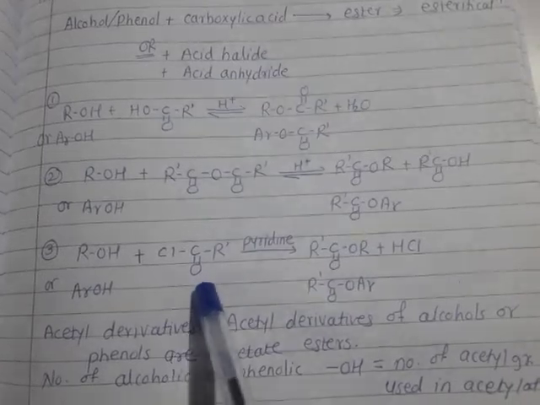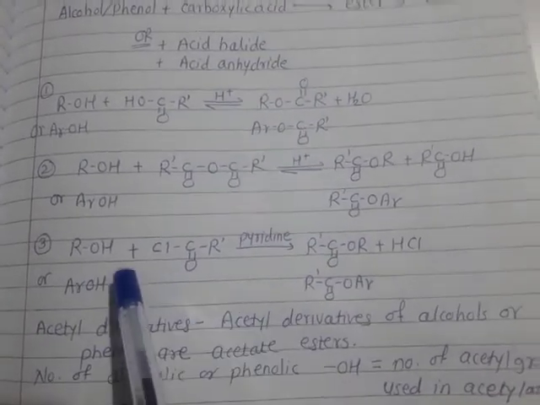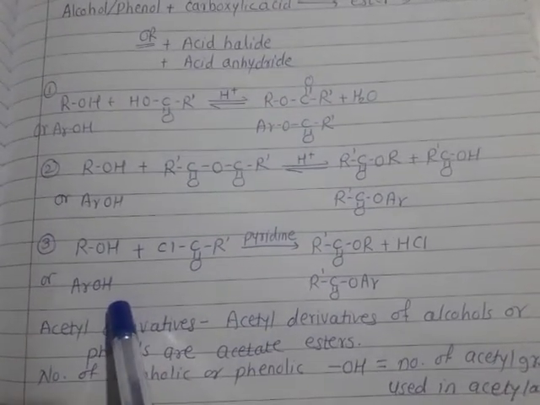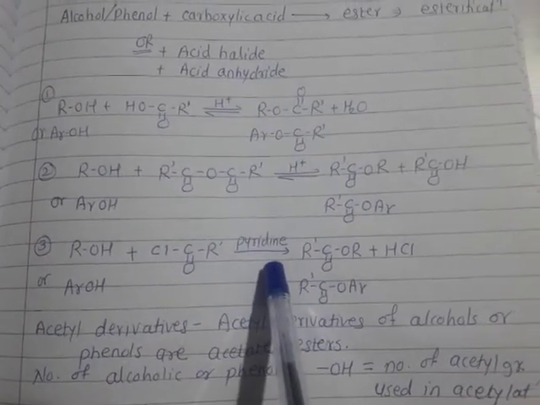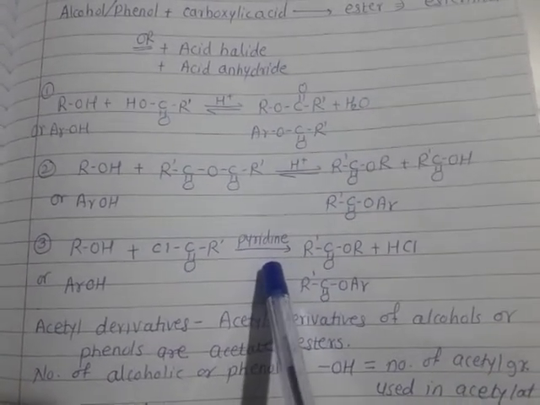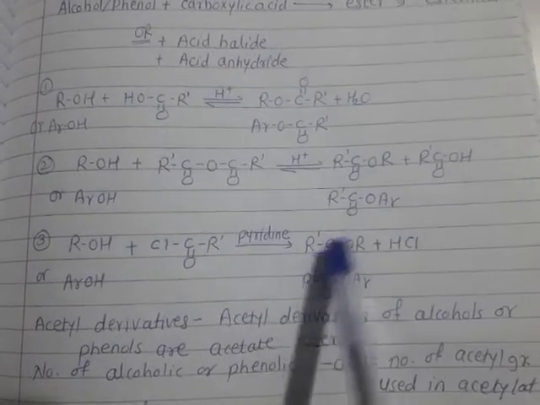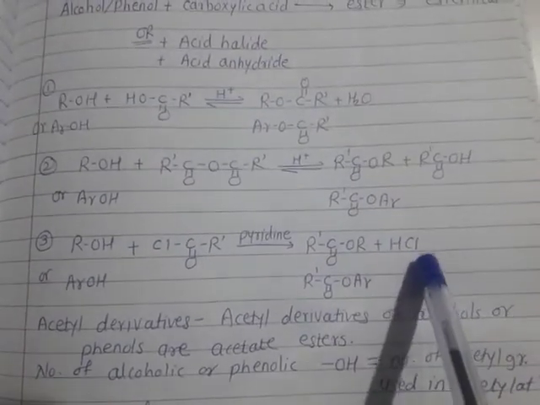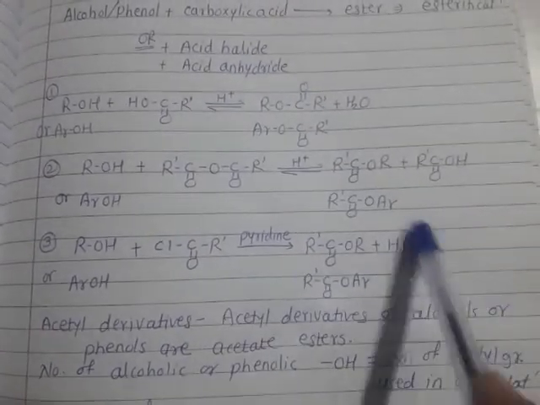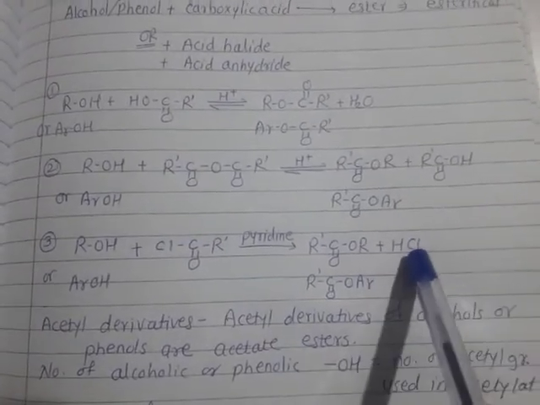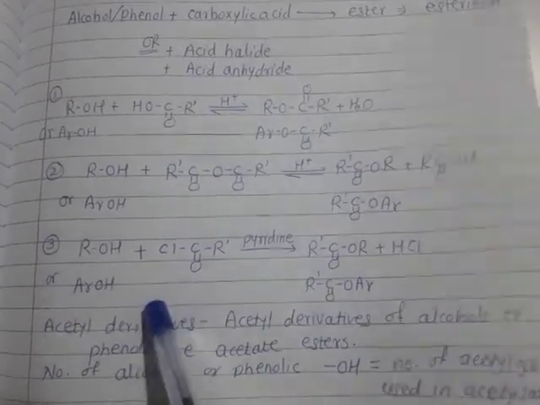The next method of preparation of ester is alcohol or phenol reacting with acid chloride in the presence of pyridine. Pyridine is a base, and the reaction is reversible. The reaction is reversed because of the byproduct, HCl. So HCl reverses the reaction.